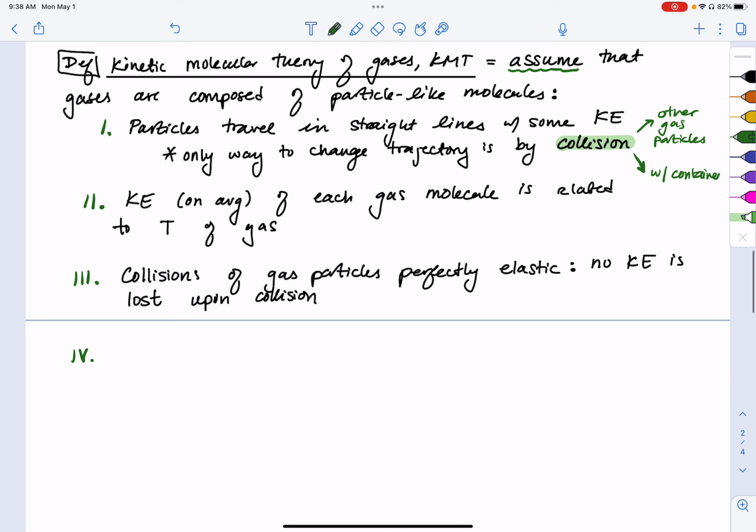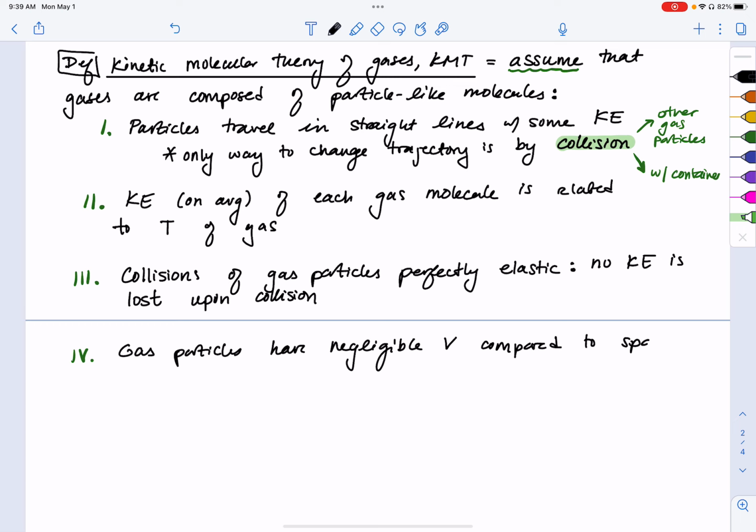Another assumption of kinetic molecular theory is that gas particles have negligible volume compared to the space that they occupy.